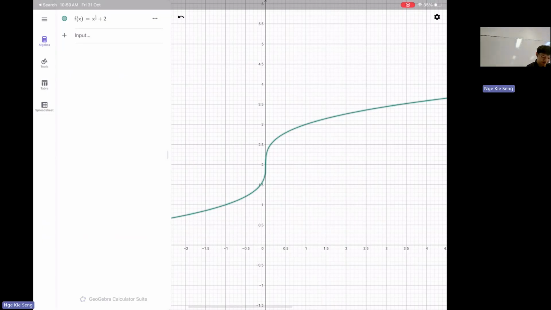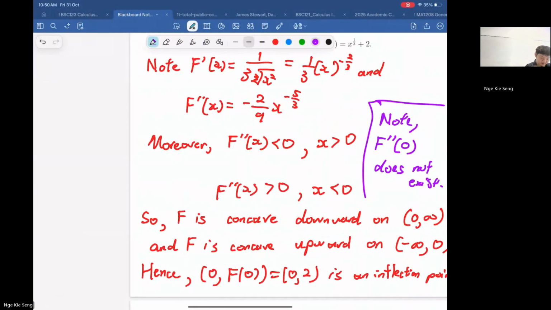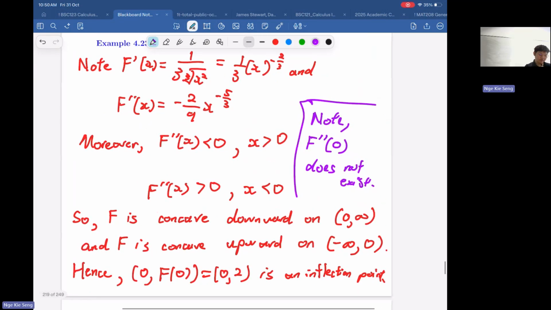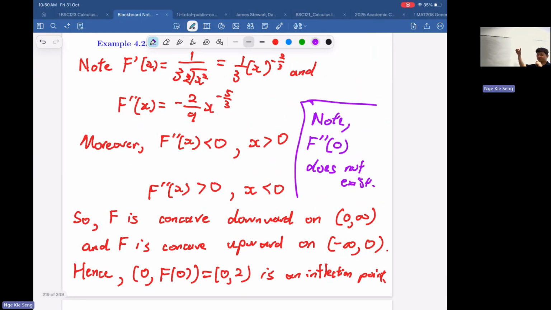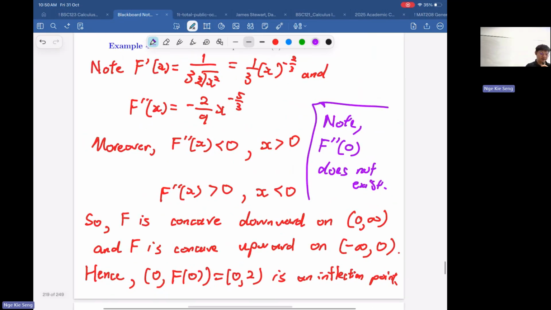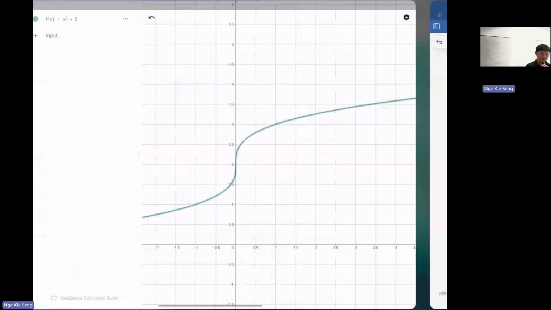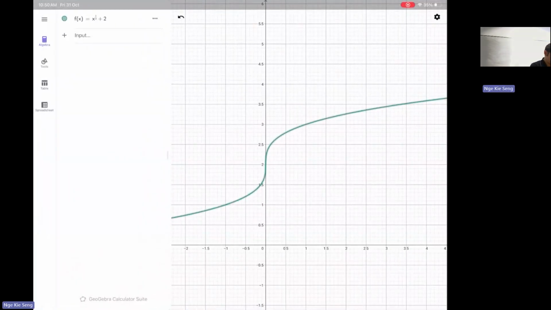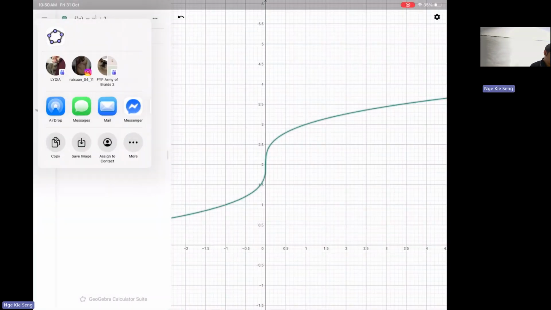Concave downward is 0 to infinity because the tangent line will stay above. Okay, maybe let's import this image.